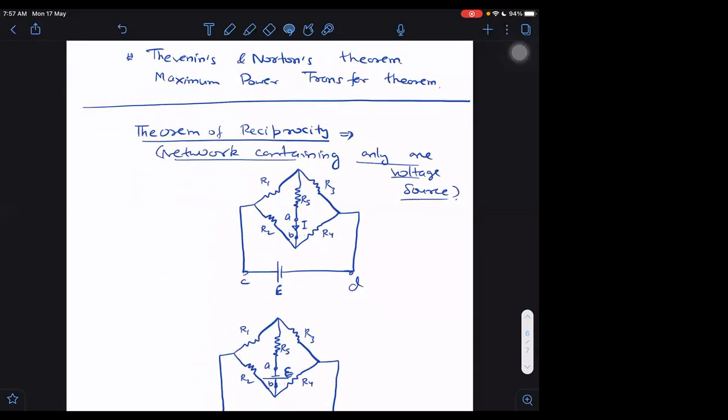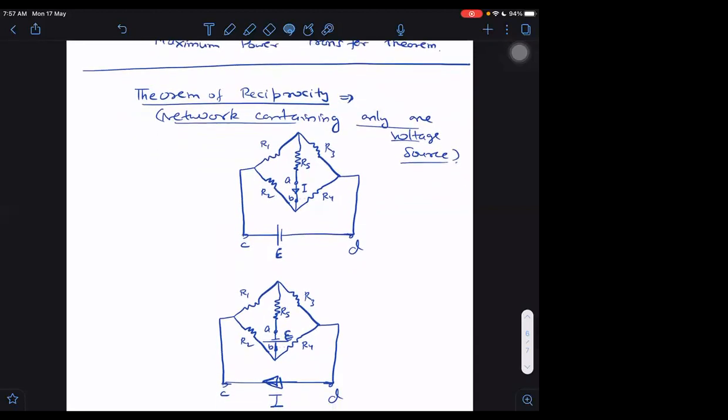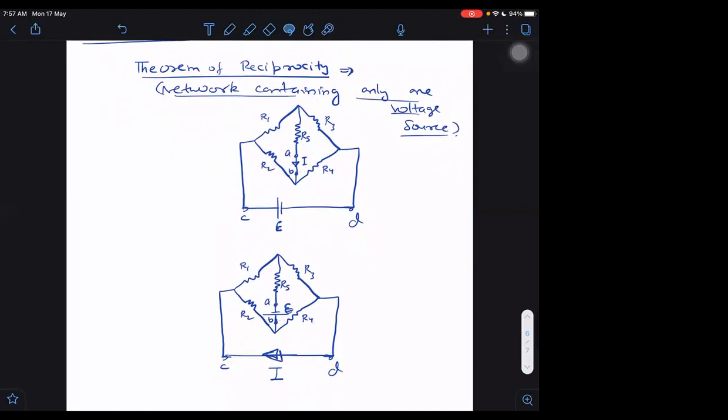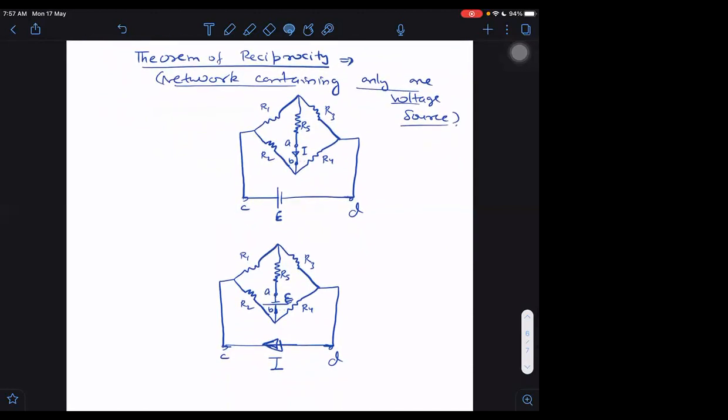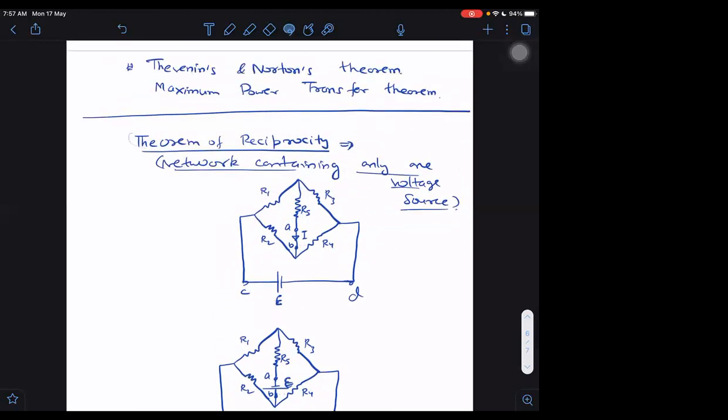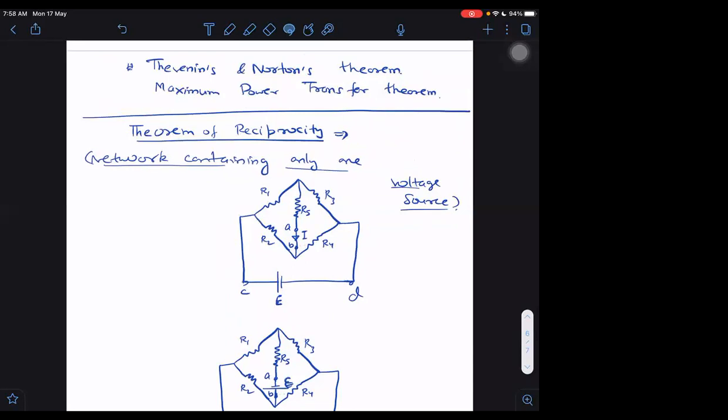But if you want, I can take proof for some of these theorems. First let me do the more important part, which is that we should be able to use it to solve some problems. Although it is highly unlikely that they may ask a question based on these theorems, sometimes it is possible that they may ask such questions.